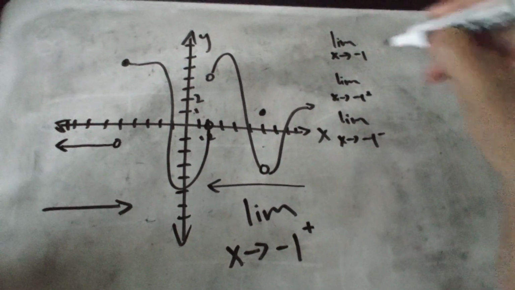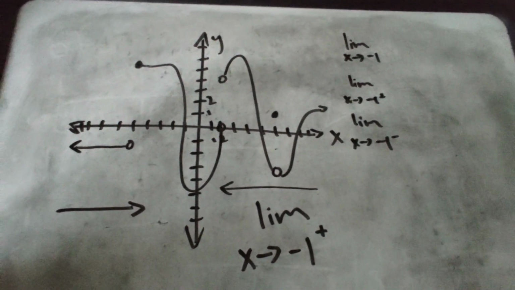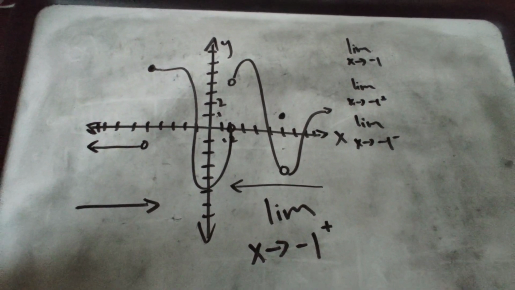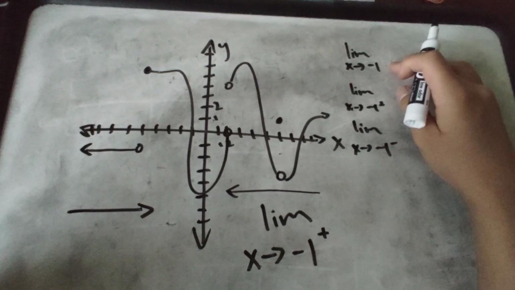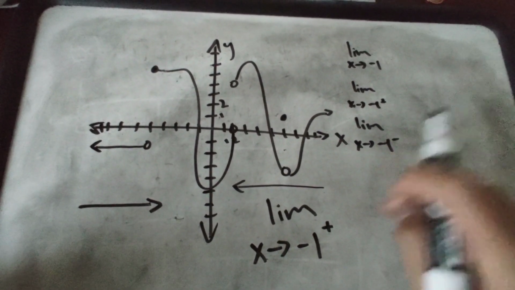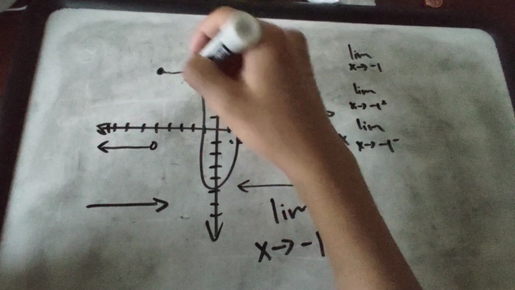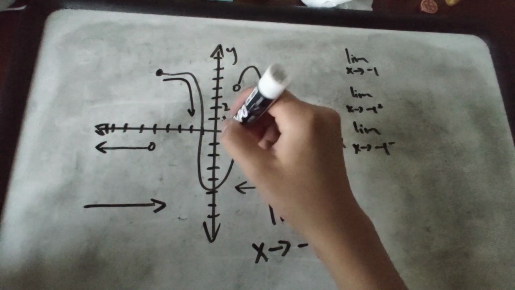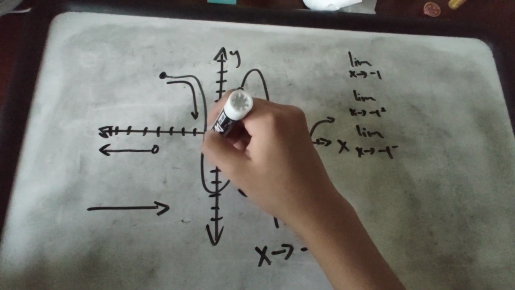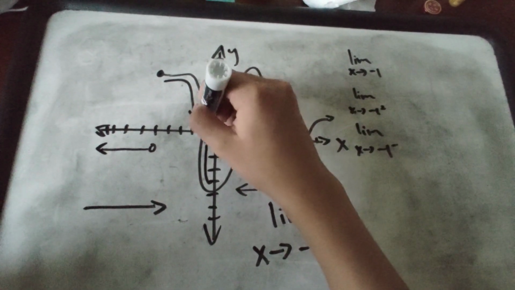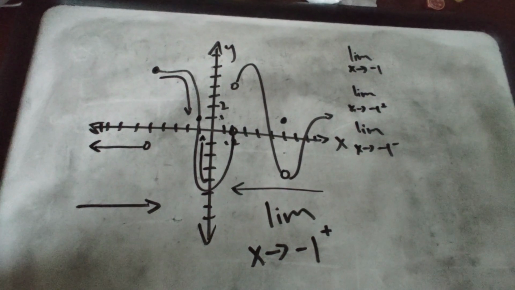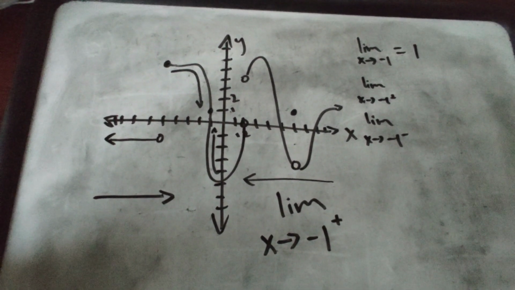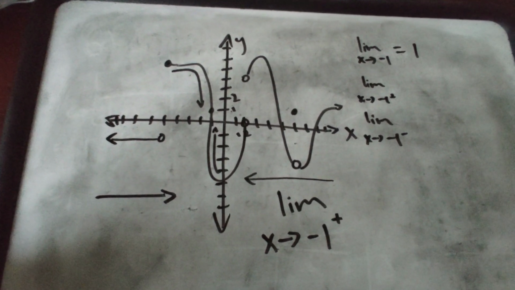So we can go through these 3 problems up here. The limit as x approaches -1, if it doesn't say, it's the limit from both sides. So we can see that as it reaches -1 from the left and from the right, it reaches this value over here, which looks like around 1. So the limit as x approaches -1 is 1.